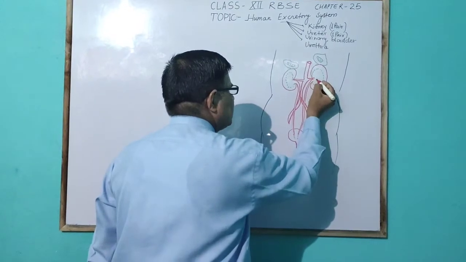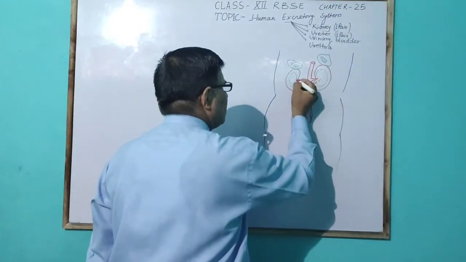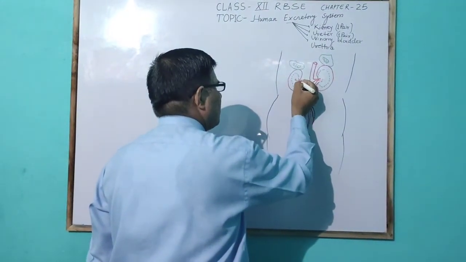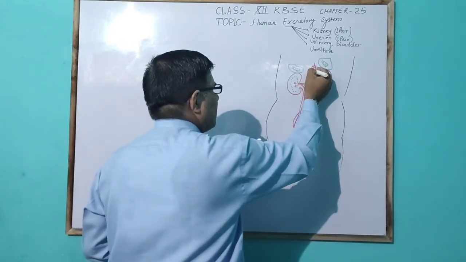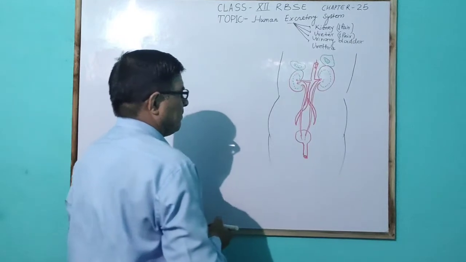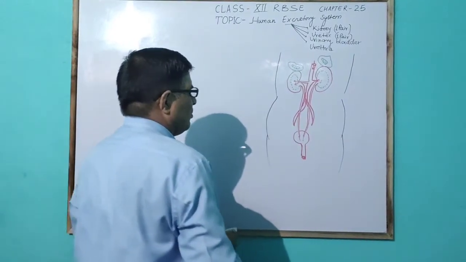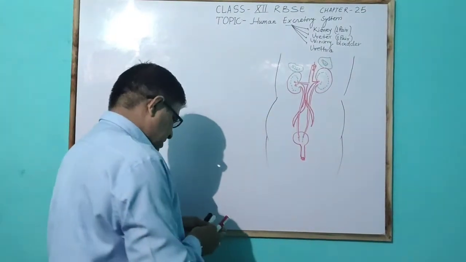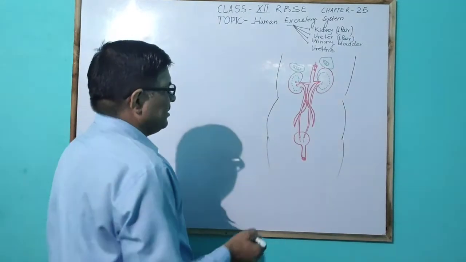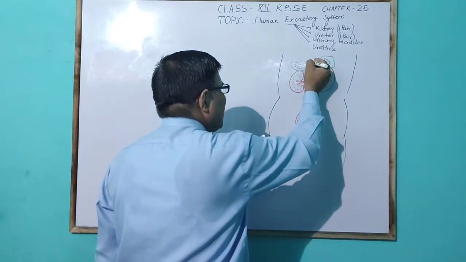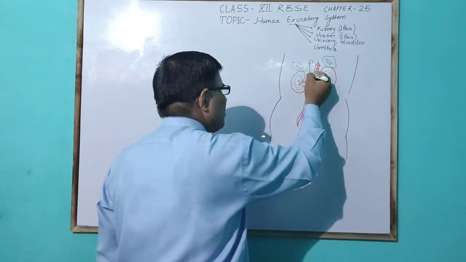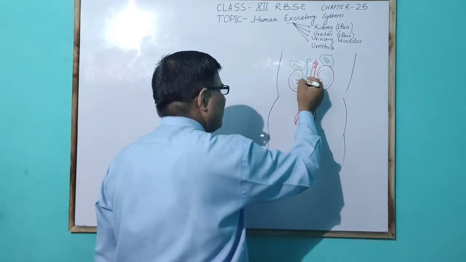Blood reaches the kidney by the renal artery from the aorta, and it is drained by the vein to the superior vena cava.